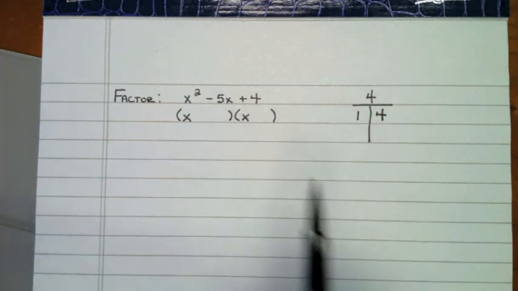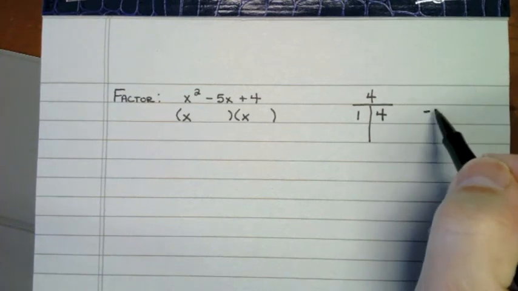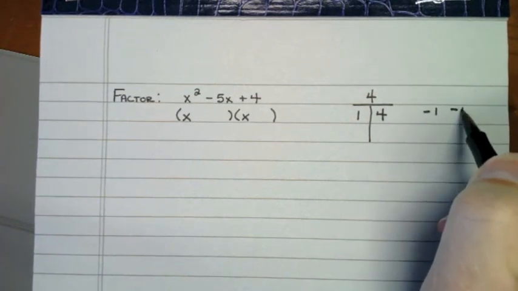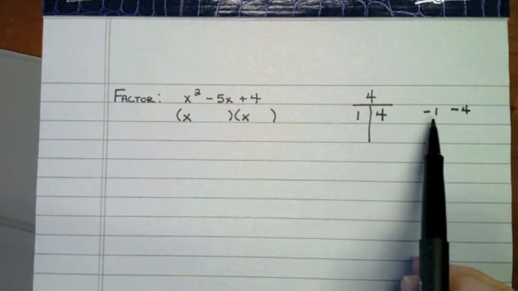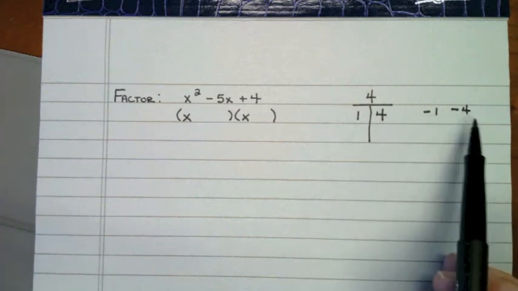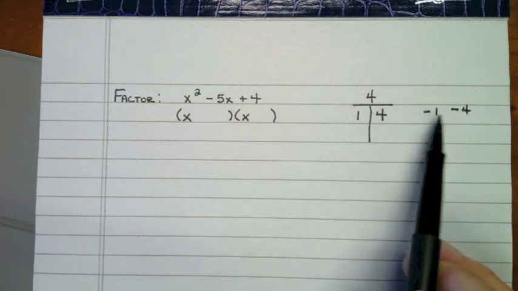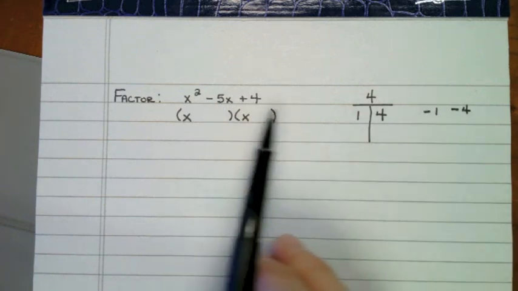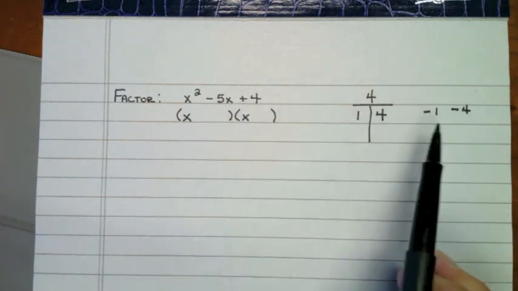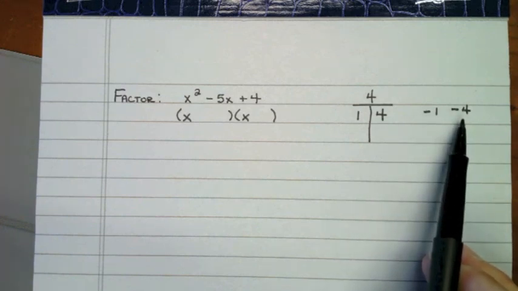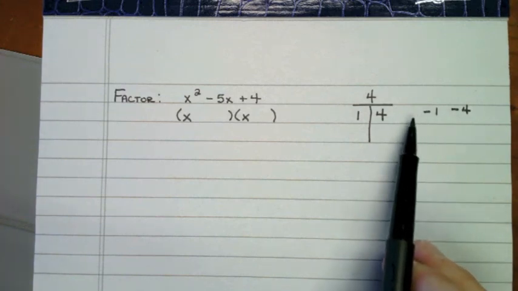I need a -5. If both of these numbers are negative and I combine them together, I will get a -5. If I multiply these numbers together, I'm going to get a +4 because a negative times a negative is a positive.